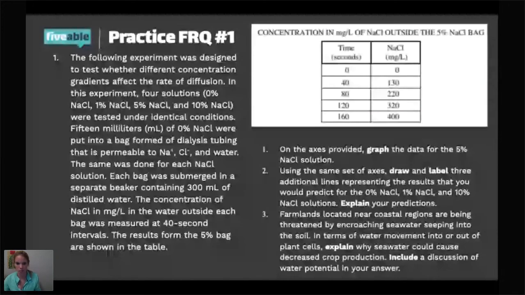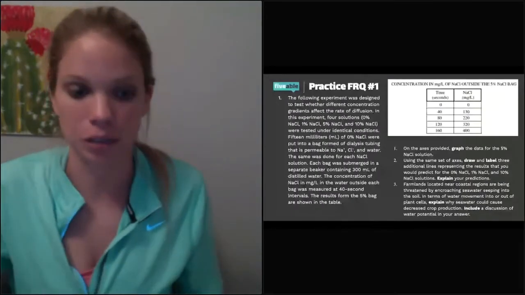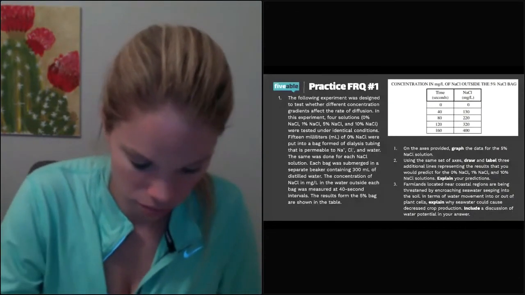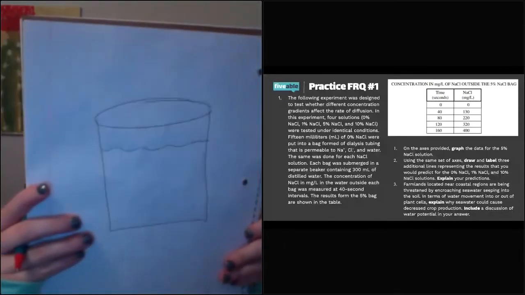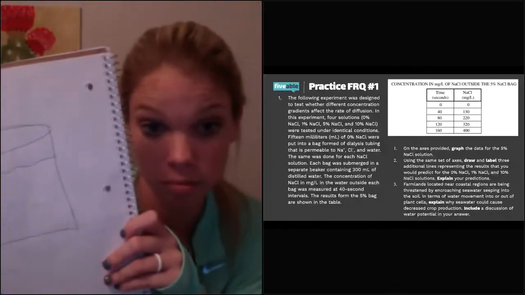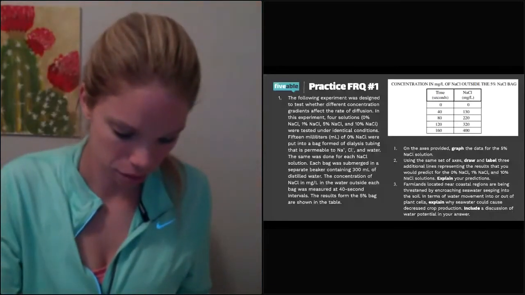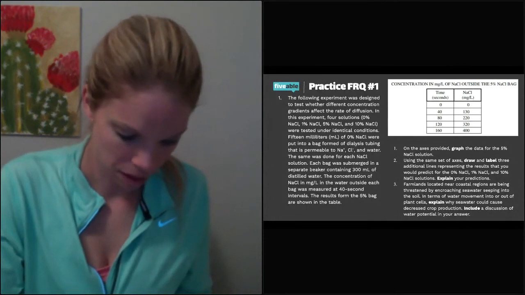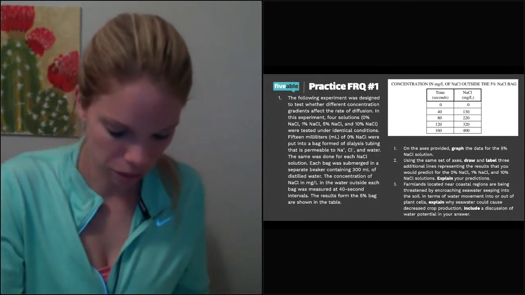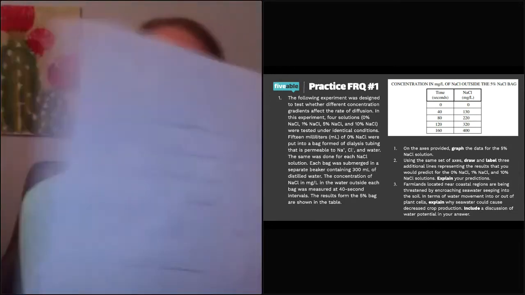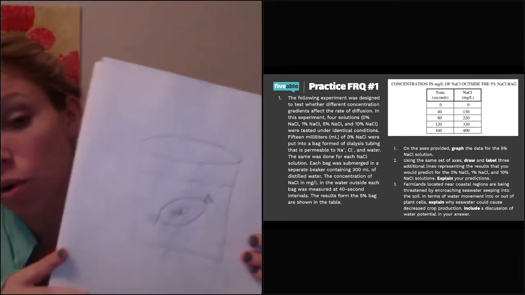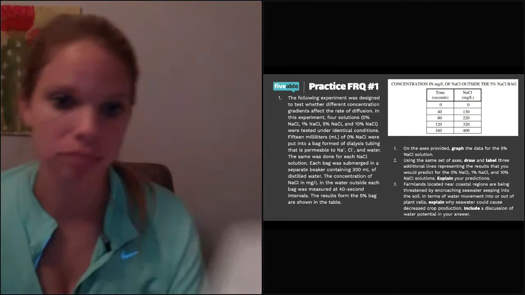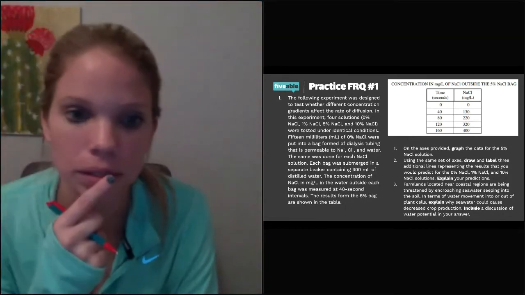I'm going to make this small for a moment because I want to draw a picture. Here's how I think of it. You've got a beaker full of water. In that beaker, you have this little baggie filled with NaCl. Can the NaCl cross the membrane?